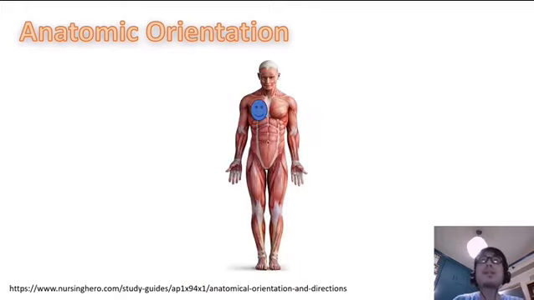So as an example, suppose we have this mass, this smiley-faced lesion over here. We can describe it in terms of anatomic parlance as first, being located anteriorly or ventrally because it is located in the front side of the body.